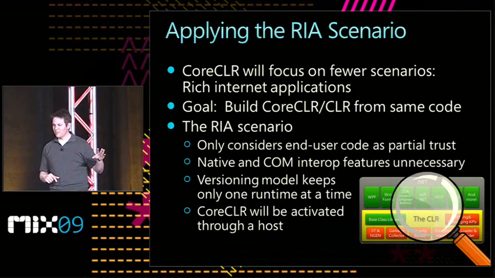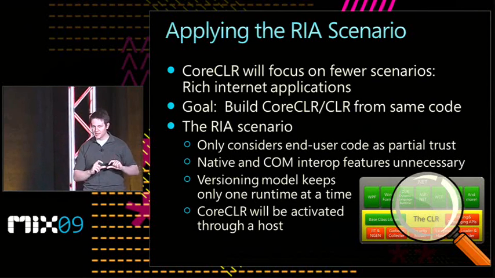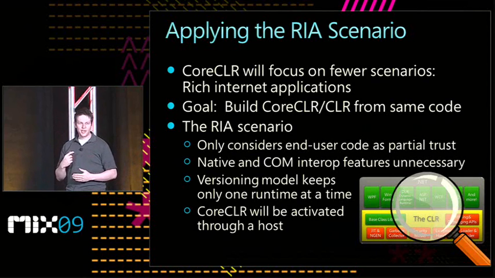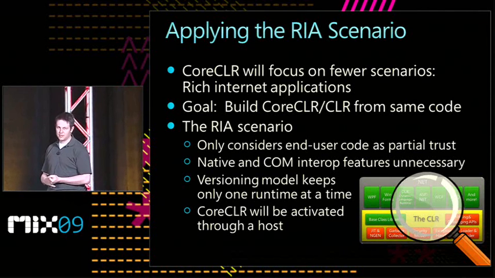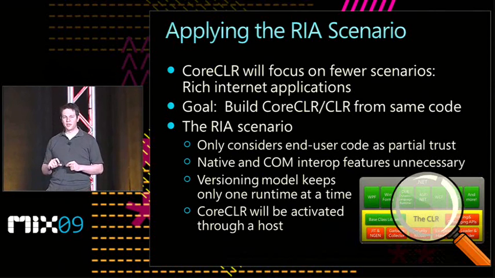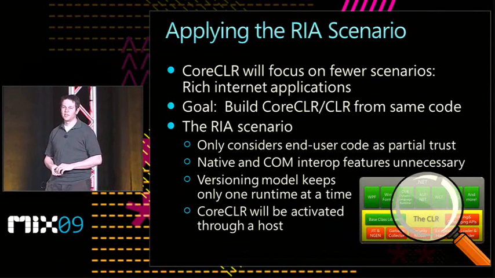In the framework, we have multiple ways to activate the full CLR. And that would be through an executable. It could be through DLL activation or through COM activation, and a host. Host might be something like SQL Server. In this case, core CLR is only activated through a host, and the host for Silverlight is the Silverlight control itself.